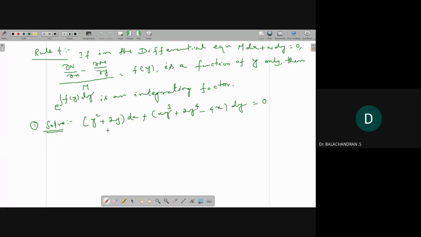Now this is the problem. Please check whether this is exact or not. This is m and this is n. Dou m by dou y: this is not y square, it is y power 4.